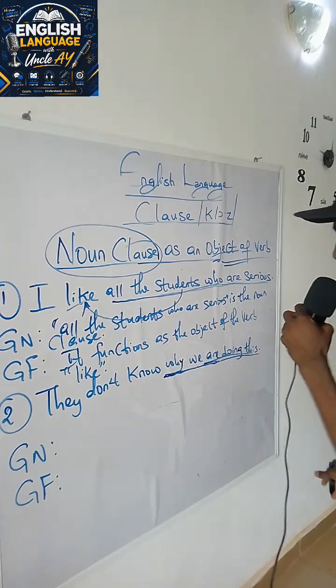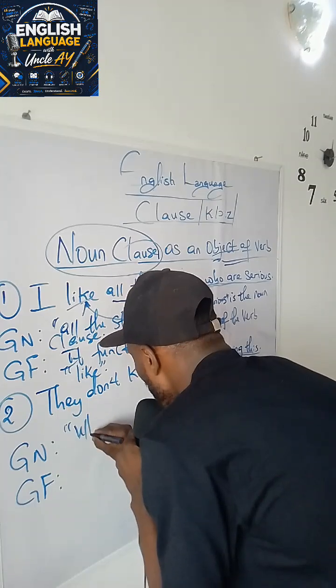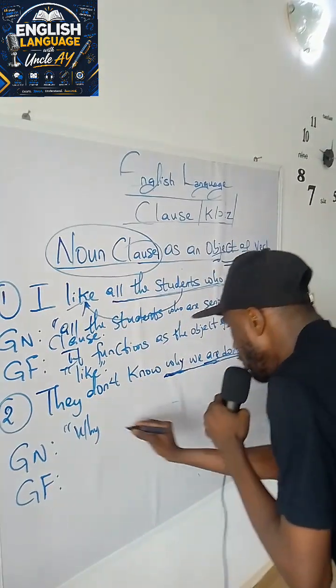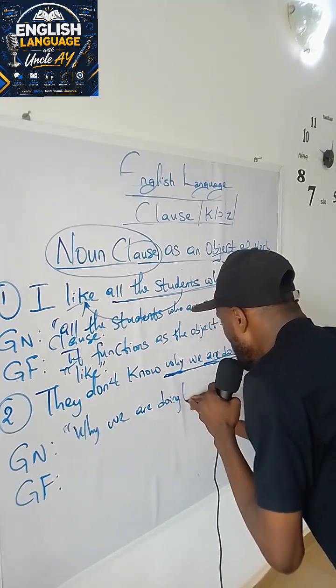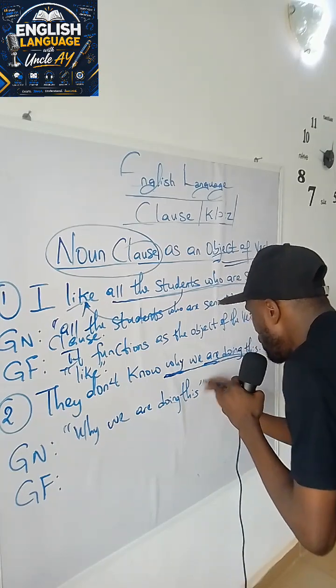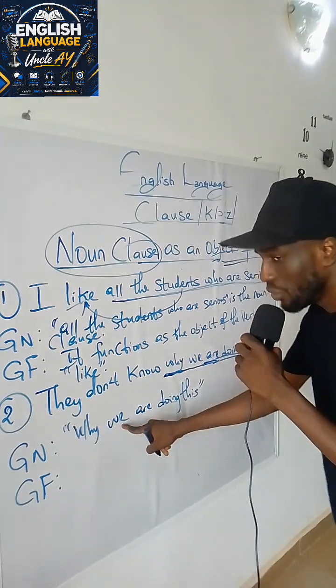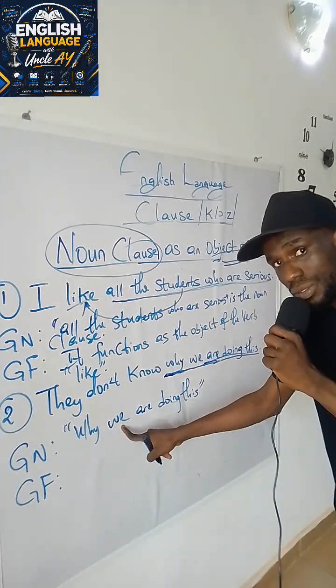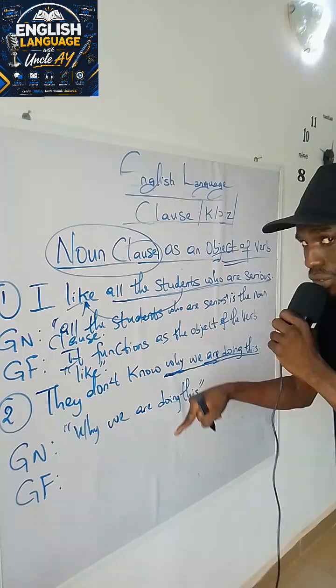So let's write this down as a grammatical name. So it becomes: why we are doing this. So we here is our noun. I told us last time that there's no difference between a noun and a pronoun. So a noun is the name of any person, animal, place, or thing. Then a pronoun, a word used instead of a noun.